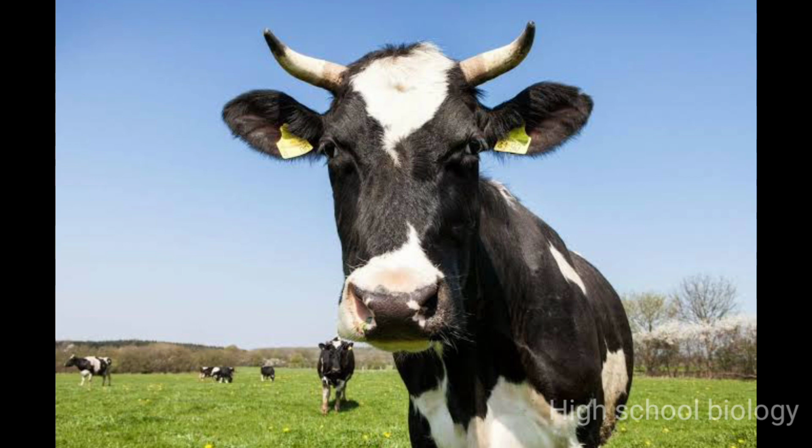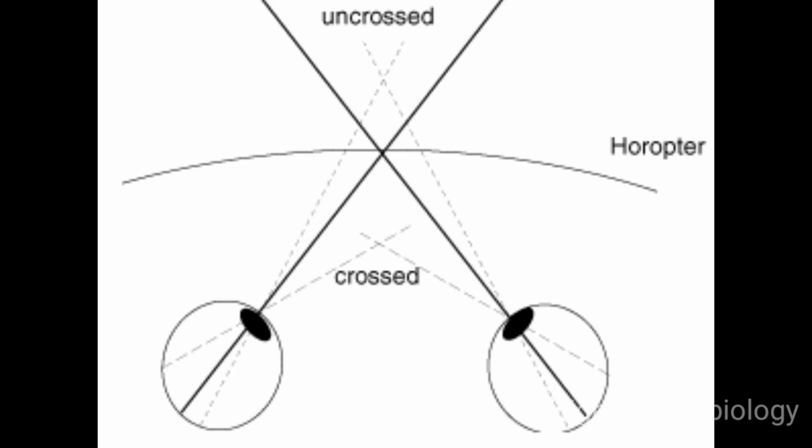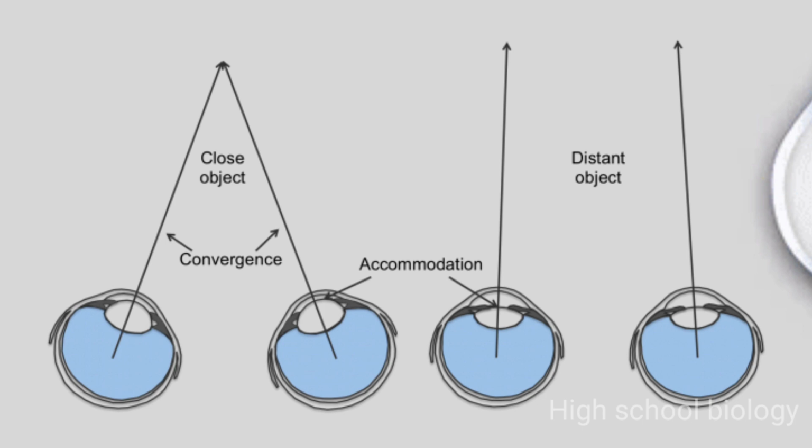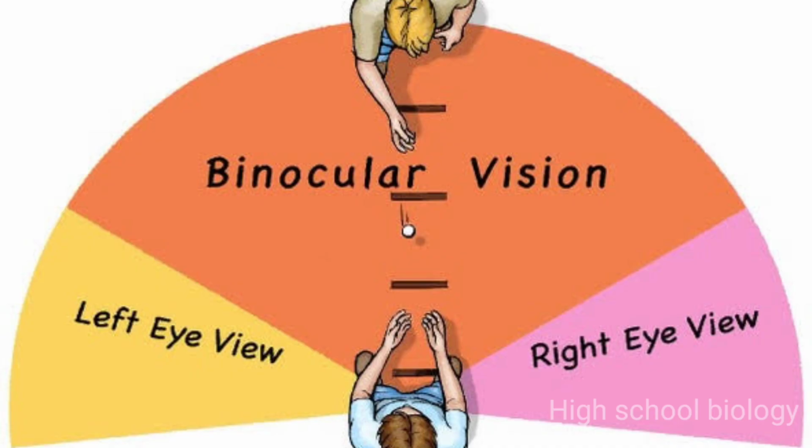Binocular vision. In binocular vision, both eyes perform the function together to perceive a single 3D image. This type of vision increases the ability to detect faint objects and the depth of objects.